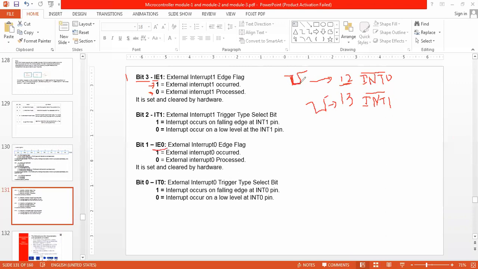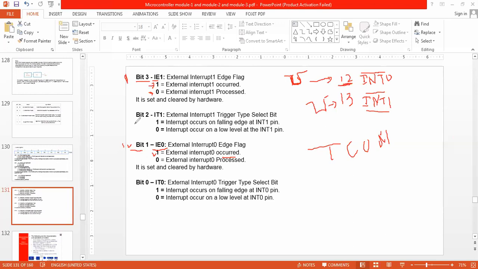Whenever there is a low signal upon pin number 12, bit number 1 of TCON will be equal to 1. It means interrupt 0 occurred. If there is a low signal upon INT1, then interrupt 1 has occurred, and bit number 3 will be equal to 1.